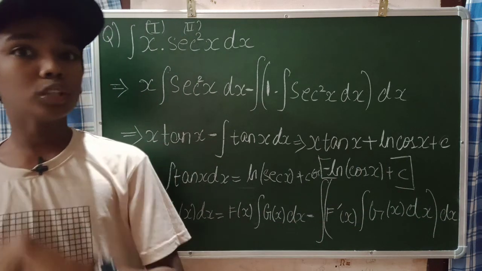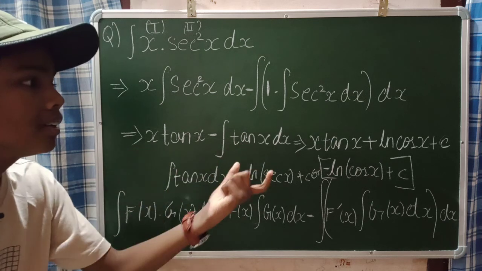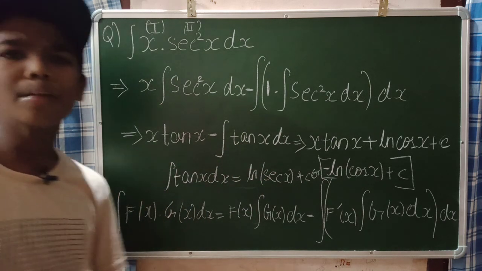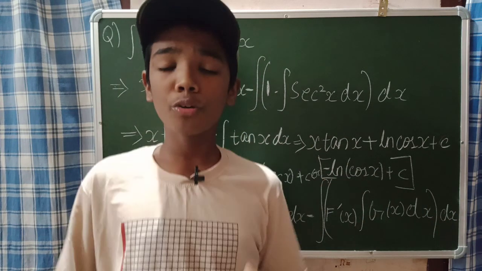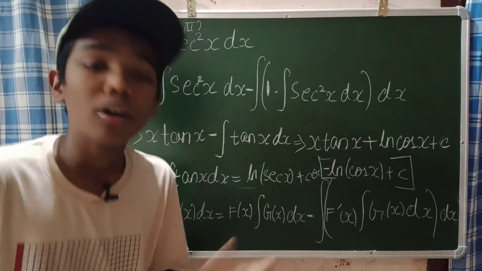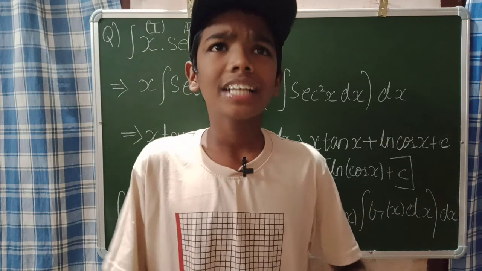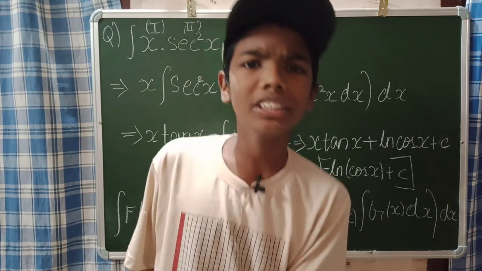Okay guys, don't make this mistake. If there are multiple integrals in your question, you can write just one constant. I came to know this only a few months ago, through a JEE Mains question. While solving it, there were multiple integrals in the question, but in the options there was only one constant.